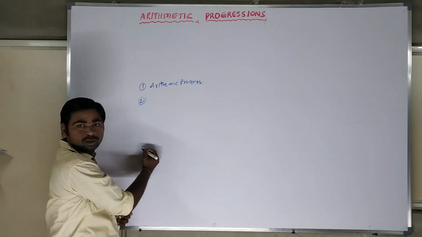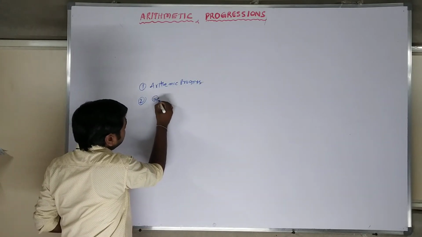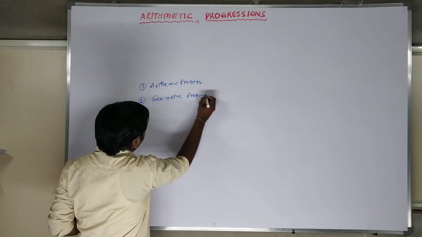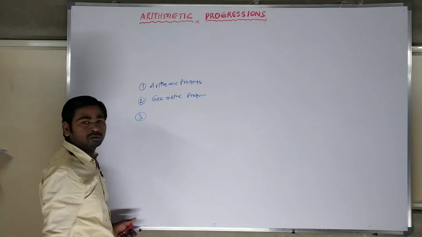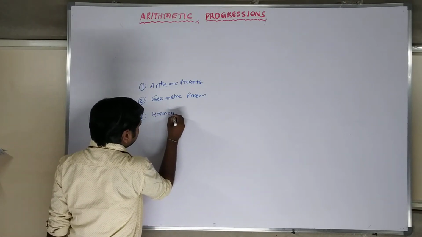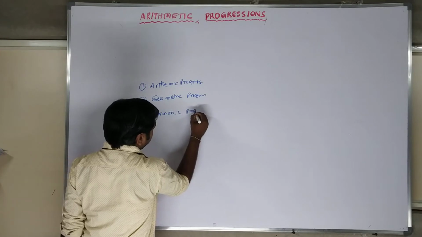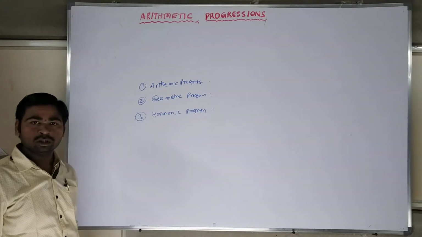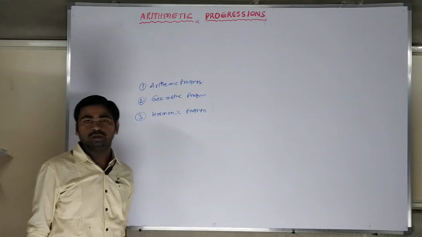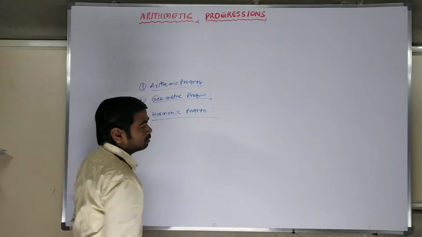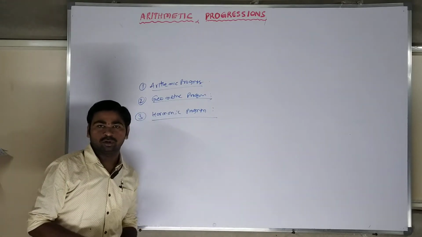Second is geometric progression. Third is harmonic progression. Depending on the type of logic we apply to generate the series, there are 3 types: arithmetic, geometric, and harmonic progression.